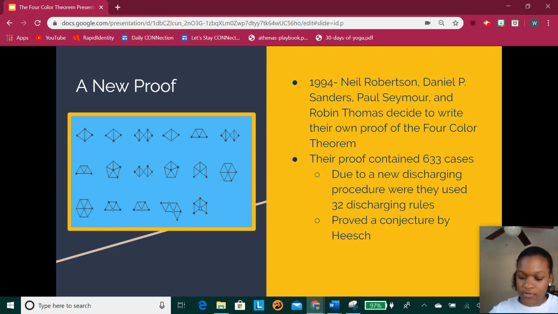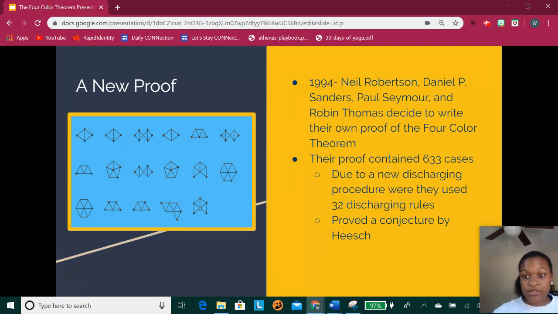Here's the conjecture that they were able to prove. It stated that a reducible configuration can be found in the second neighborhood of an overcharged vertex, which is a vertex with a charge that has changed from negative to positive. The second neighborhood is the set of all regions that are not themselves adjacent to a given region, also known as the overcharged vertex.